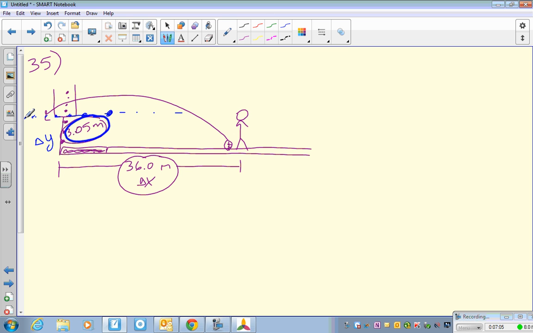So I think it's easier, this is just my personal opinion, but I think it's easier for this to be your delta x and see where it goes through on the delta y, because to me that makes sense. Does it go above the bar? Does it go below? And actually that's what the answer in the back of the book deals with.